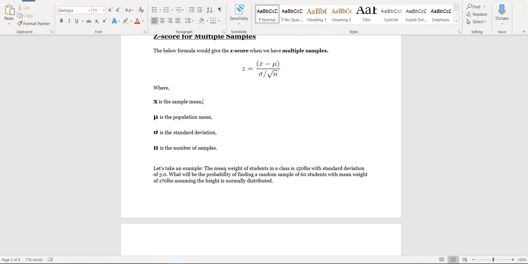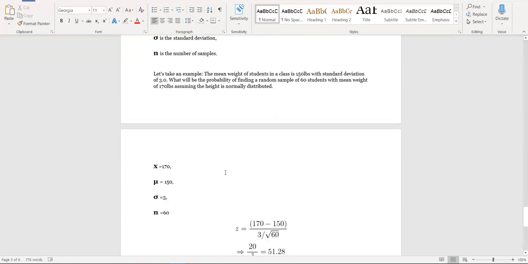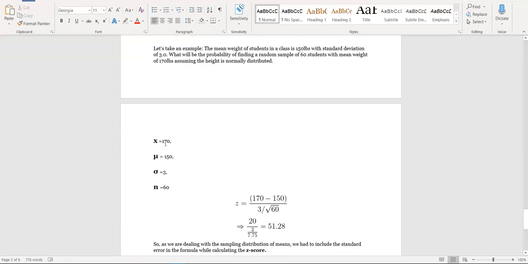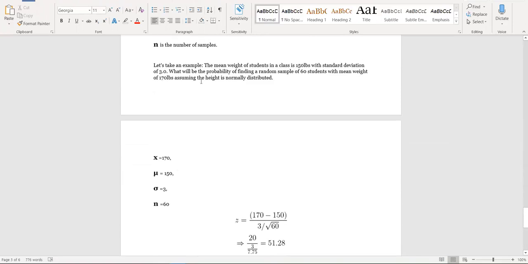So we already have a population mean, and then we are taking a sample out of the population, and we want to determine the probability of a particular mean weight of that sample. So for that, we will substitute the values into the formula for the z-score for multiple samples.